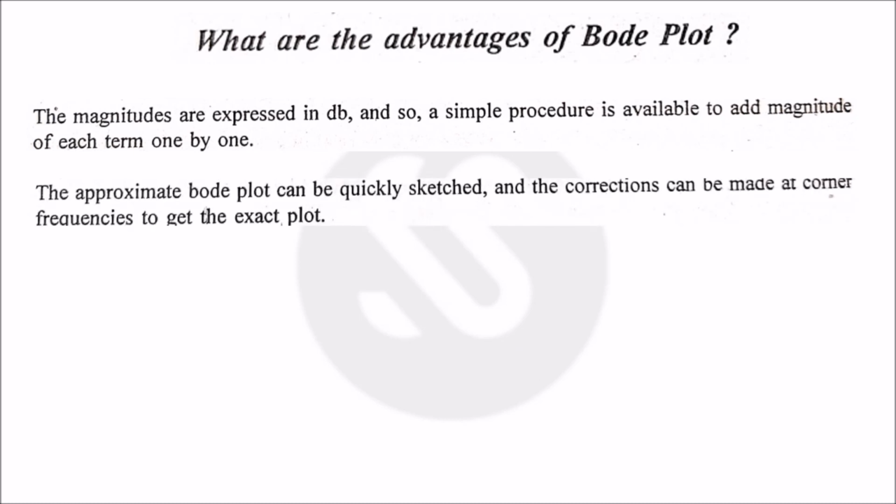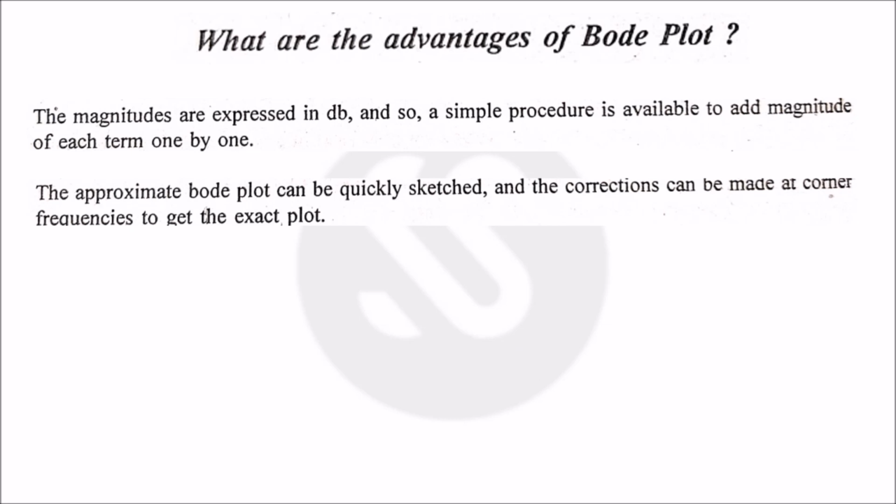Second, the approximate Bode plot can be quickly sketched and the correction can be made at corner frequency to get the exact plot. I told you what we are drawing or what we have done, it's approximate. That means for your semester level or your GATE level also we will get this approximate one.